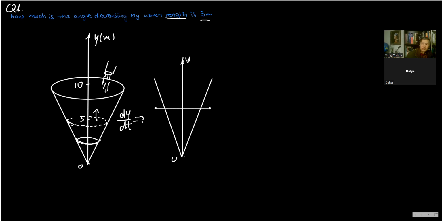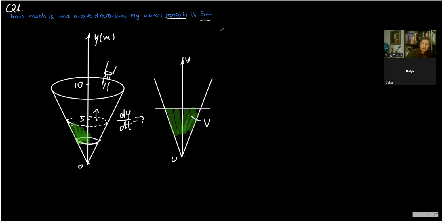We know the water volume is changing, and we are calculating how the water level is changing. But how can we work out the volume in the first place? What is the volume at any y? What is the volume of this cone?